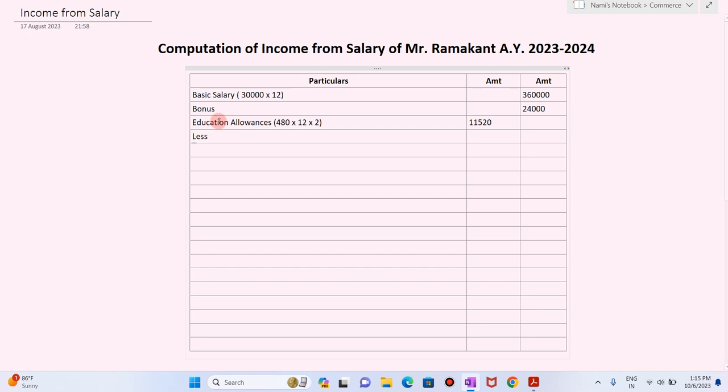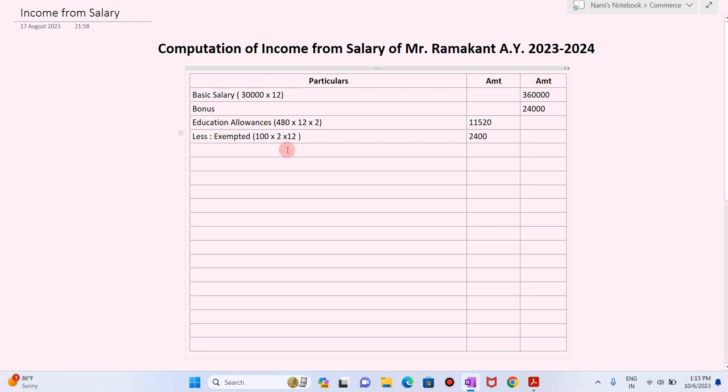Less exempted is 100 rupees per child. 100 multiply by 2 multiply by 12, we get 2,400.